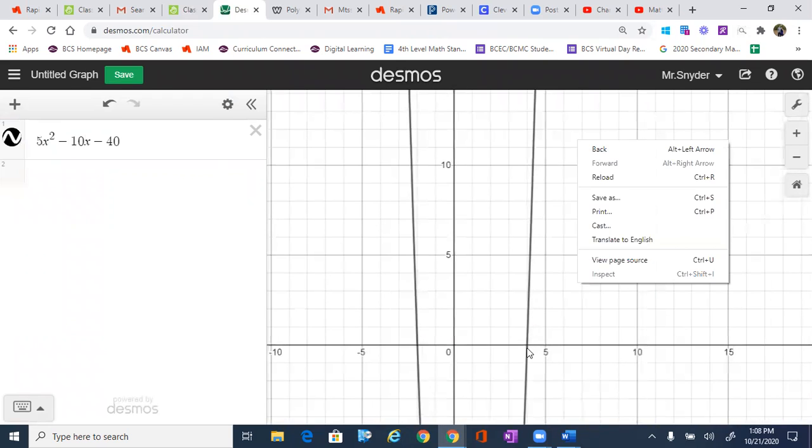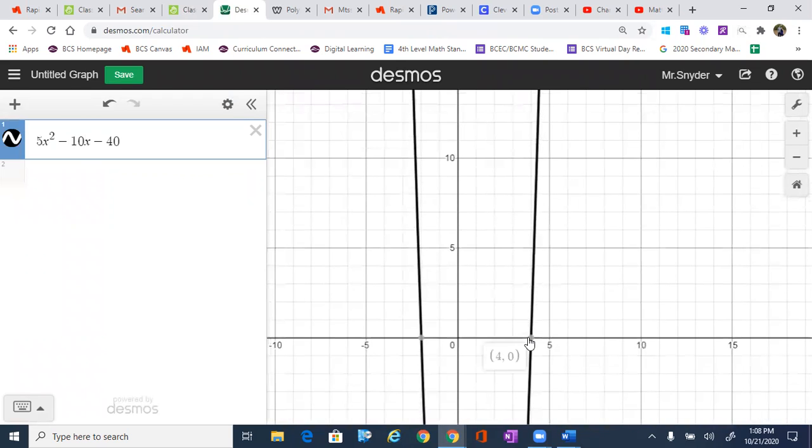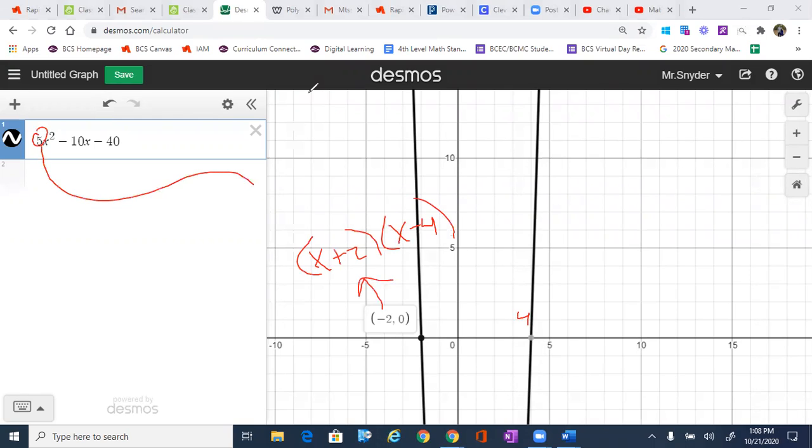The x-intercepts are 4 and negative 2. So I come over here and I write x plus 2. Remember, we use the opposite. This was 4, so I write x minus 4 using the opposite. We do have an a value right in front, which is 5. So we can factor it by hand and we can factor it by Desmos. Factoring's a good old time when you've got a greatest common factor in there.